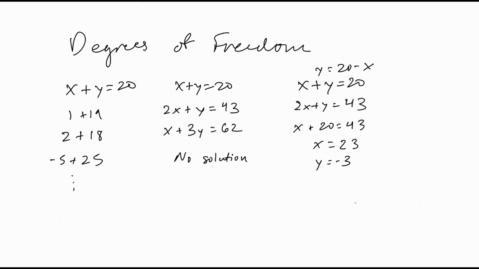So this is degrees of freedom. Hopefully this gives you an intuitive sense of what we're trying to do here with degrees of freedom. So now that we have that, let's actually look at how we compute degrees of freedom.